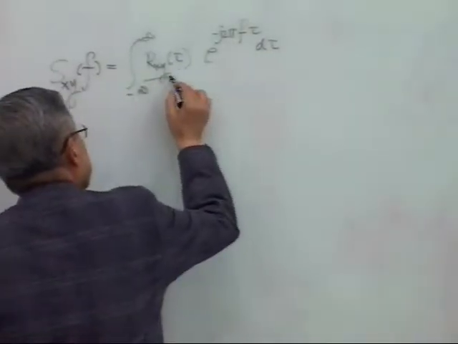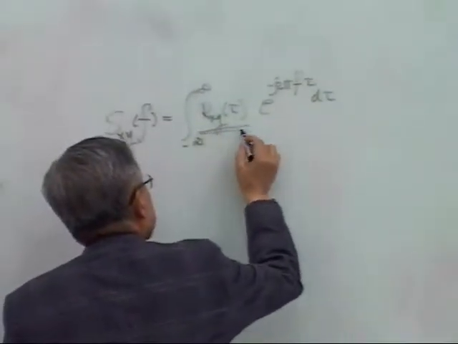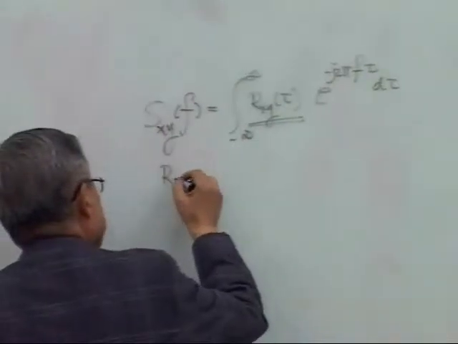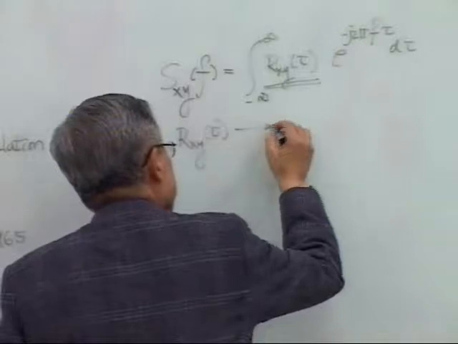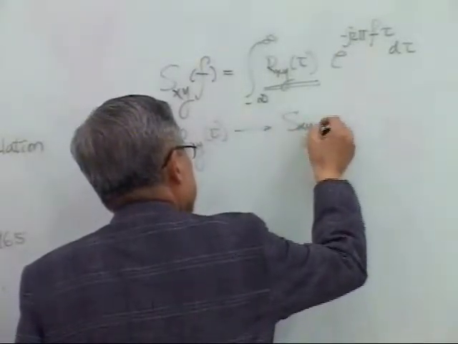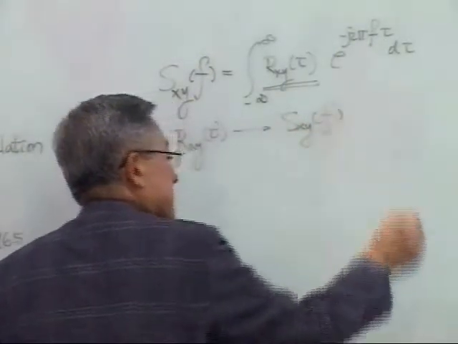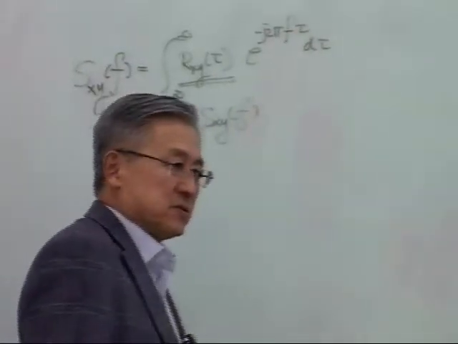So you have to compute this first. So Rxy first, which is a time domain function, then you transform it into the frequency domain function.